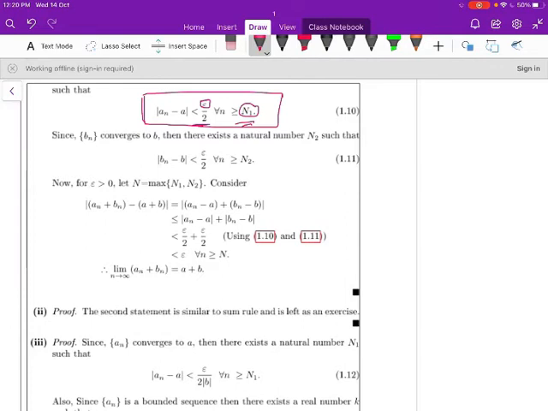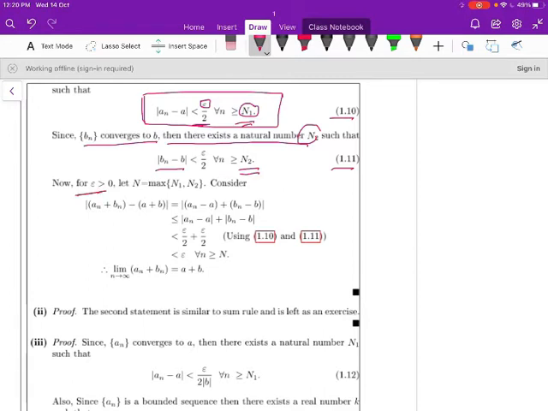Similarly, since bn converges to b, there exists a natural number n2 such that modulus of bn minus b is less than epsilon by 2 for all n greater than or equal to n2. Since the sequences an and bn converge to a and b respectively, we write equations 1.10 and 1.11 through the definition of convergence of a sequence.